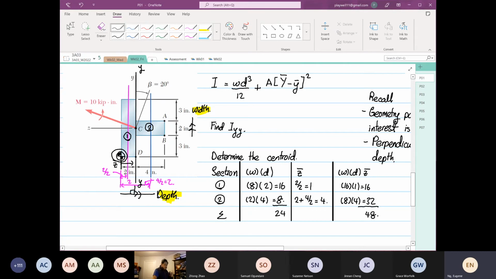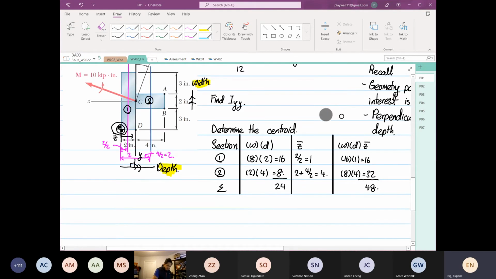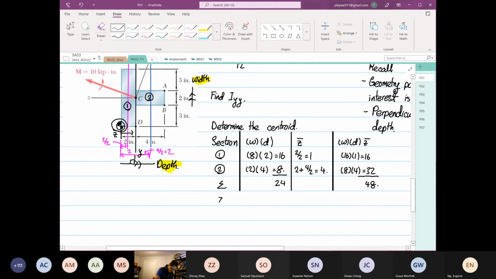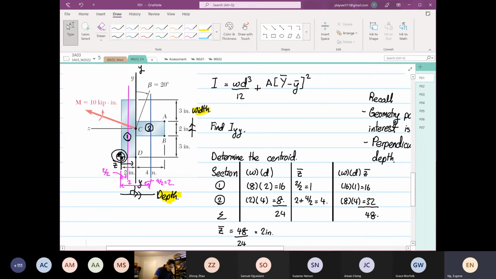Now you find the entire structure centroid, the Z bar. So this will be equal to 48 divided by 24. We found that the centroid is 2 inches.